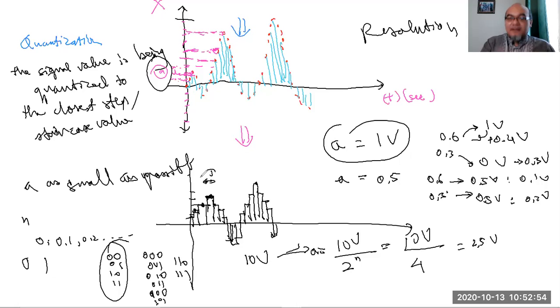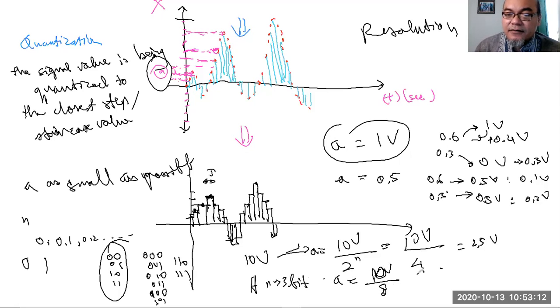The difference, or you can call it resolution. But if n is 3 bit, then A becomes 10 volt divided by 2 to the power of 3, which is 8, right? So it means 1.25 volt.